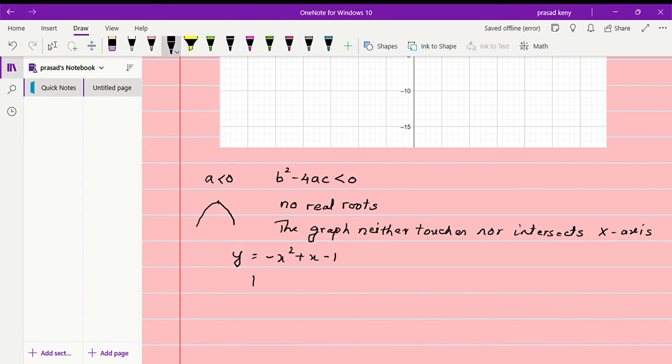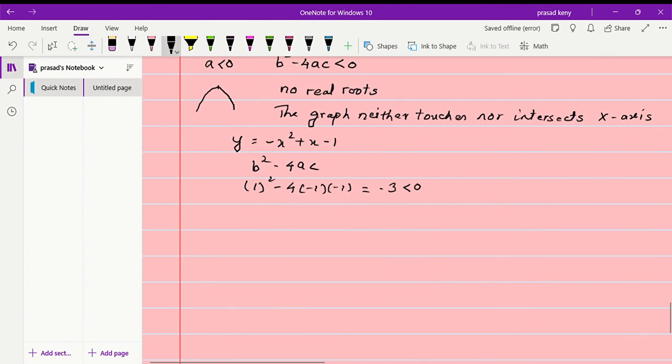So if you consider the discriminant b square minus 4ac, it will be 1 square minus 4 into negative 1 into negative 1, which is negative 3, less than 0. And that means the graph will neither intersect nor touch the x-axis because there are no real roots. The discriminant is less than 0.